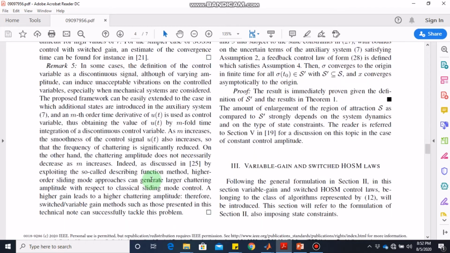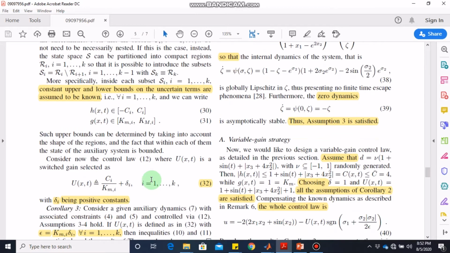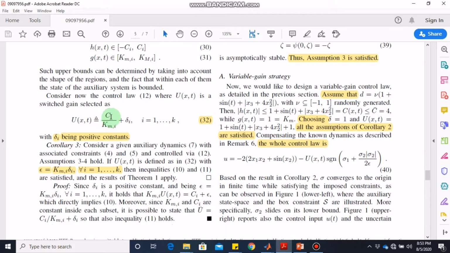Okay, so these are the assumptions under switched higher order sliding mode control, and within each manifold you have a different control. So in the ith manifold you have control law C_i over Km_i plus delta_i. Delta again is a positive constant.